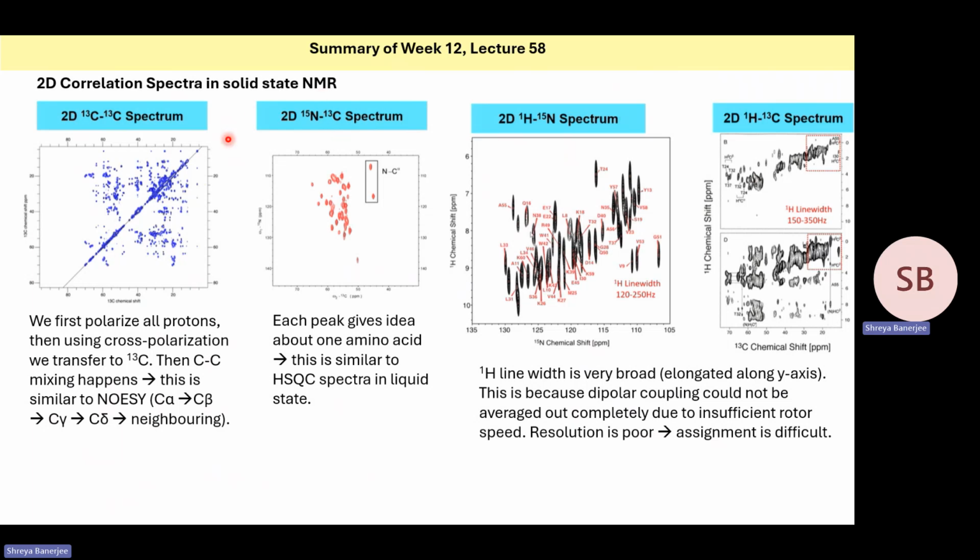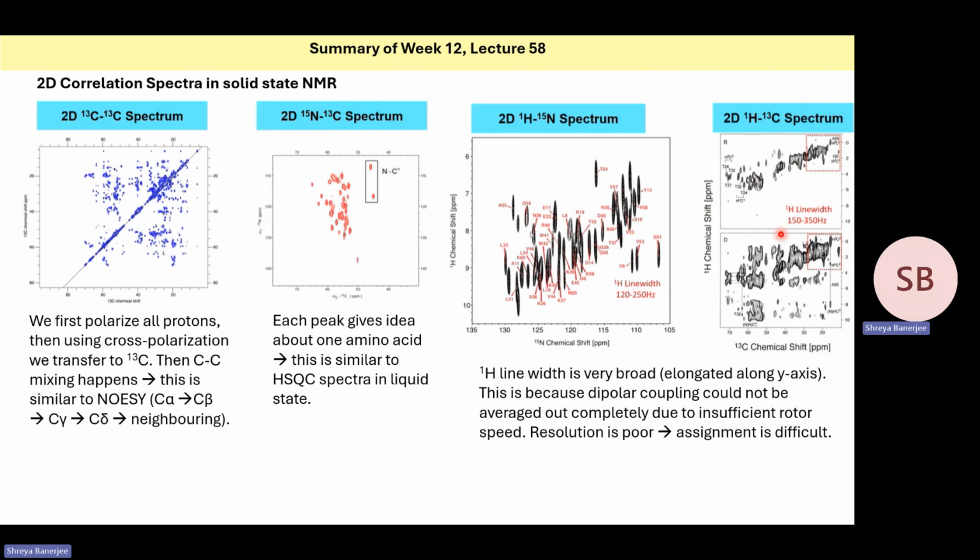Now, here you can see 13C with 13C, 15N with 13C. You can also get correlations with 1H. So 15N 1H, you can also have correlations, or 13C 1H, you can also have correlations. The problem in these is that the 1H line width is very broad. You can see here it's 120 to 250 hertz.